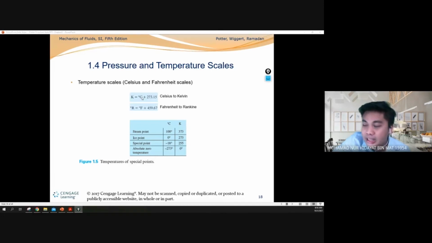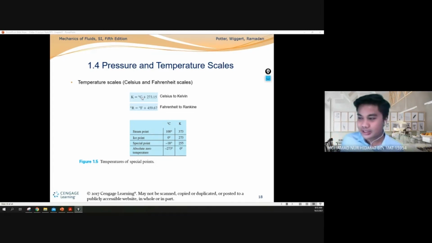What is the difference between the absolute temperature and the ordinary temperature? The ordinary temperature is like we feel now, 15, 18, 20 degrees Celsius. For the absolute, we use the Kelvin.